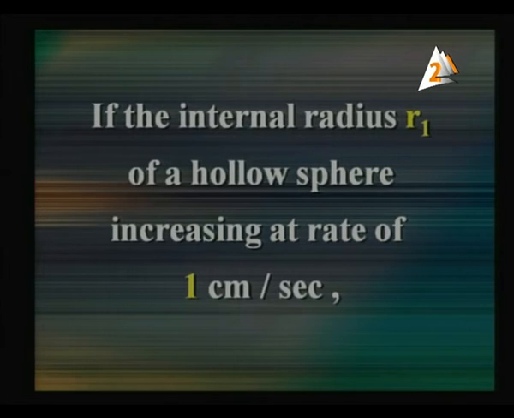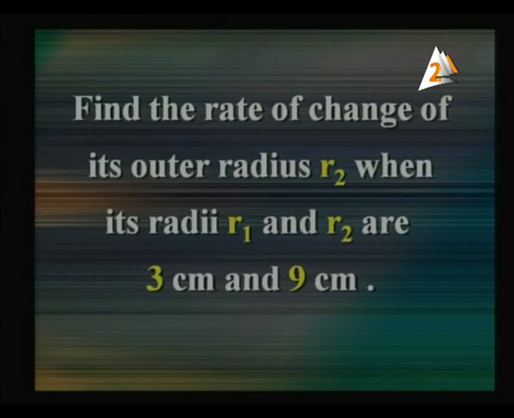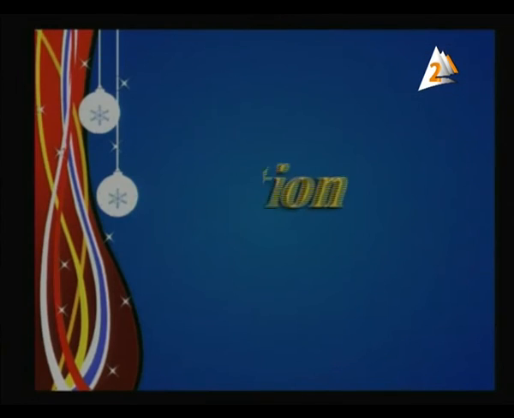If the internal radius r1 of a hollow sphere is increasing at a rate of 1 centimeter per second, while the volume of material of the sphere remains constant, find the rate of change of its outer radius r2 when its radii r1 and r2 are 3 centimeters and 9 centimeters.